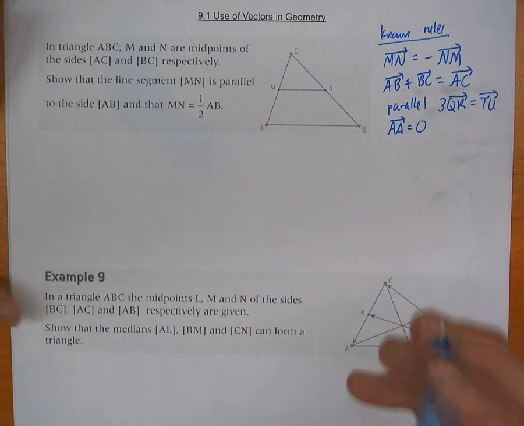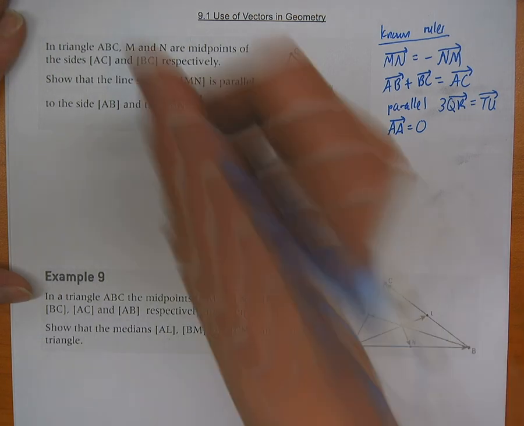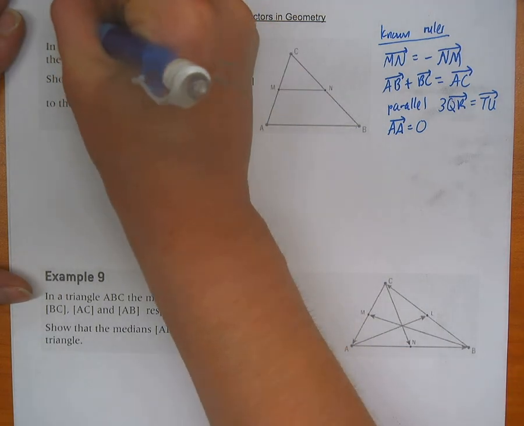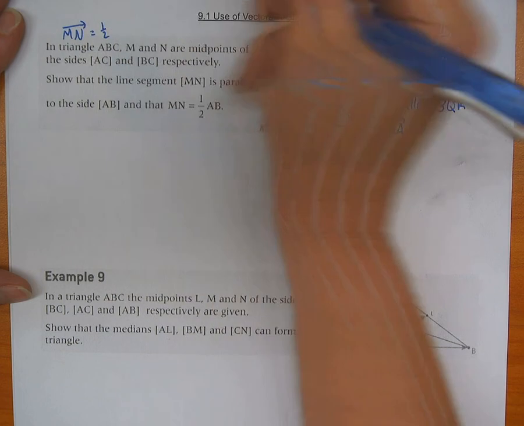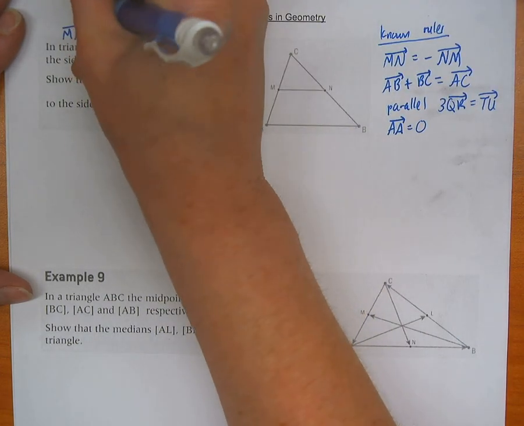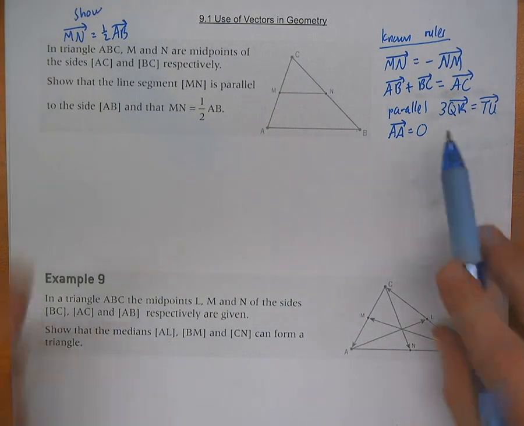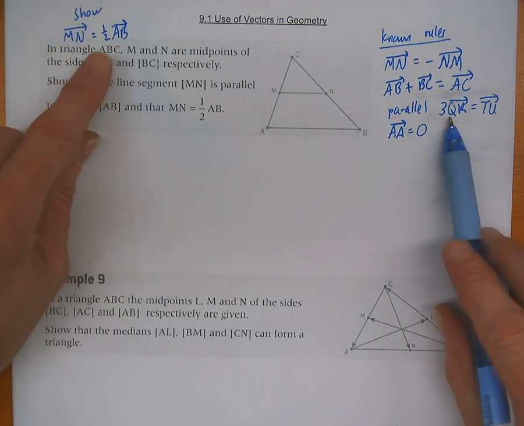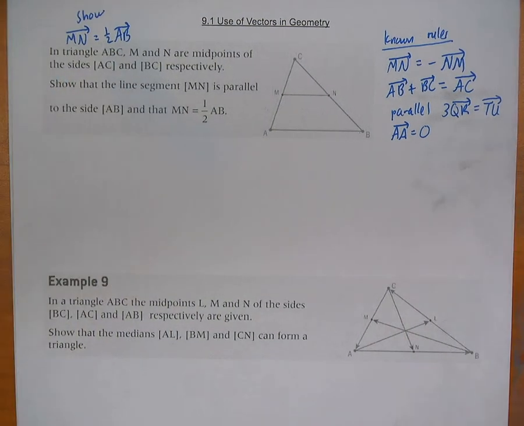Well, we can do that actually by doing one thing. If we show that vector MN is exactly half of vector AB, that's going to do the trick. Because remember how parallel vectors, we just need to show that one is a scalar multiple of another, and that also shows you the size as well.